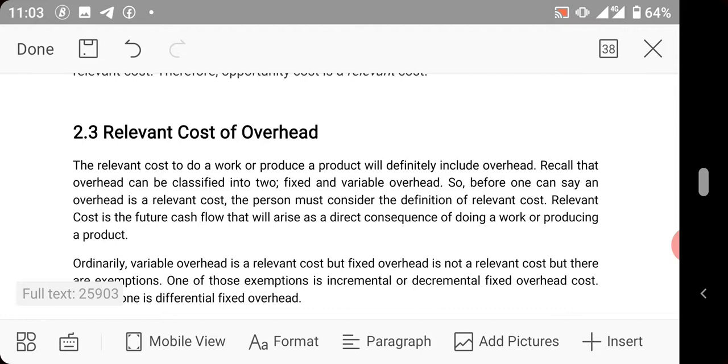These are the four classifications of overhead. Production overhead is classified into two, fixed and variable costs, so we are going to dwell on that.